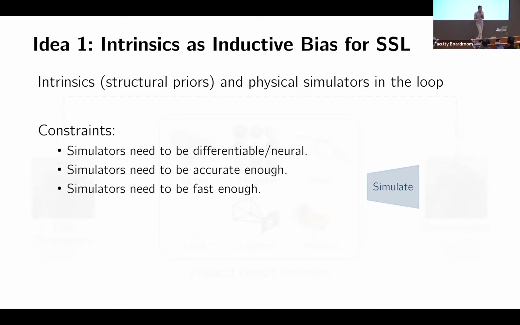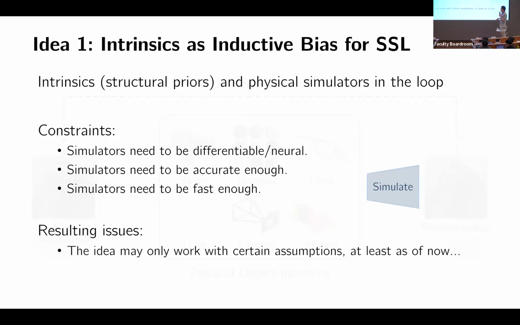And of course, there are a lot of researchers, but also even startups that are very well funded, trying to resolve these problems by building much better, much more generalizable, and much faster differentiable simulators. So maybe this will be addressed in 5 years or 10 years. But right now, because it hasn't been addressed yet, it does come with all the constraints. For example, in many of the works that I've shown, the ideas work very well if your domain does fit these assumptions.